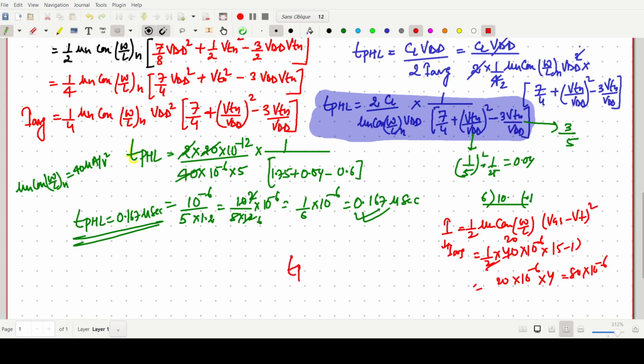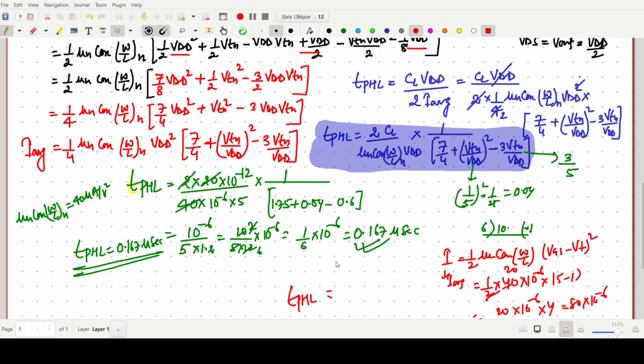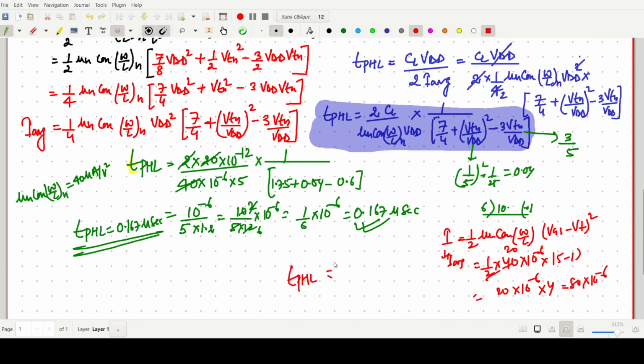So if we solve for tau phl using this formula, the formula will be CL by twice times I current. So I saturation, if we take more approximation, this value will come 20 into 10 to the minus 12 into 5 divided by 2 times I saturation, 80 into 10 to the power minus 6.